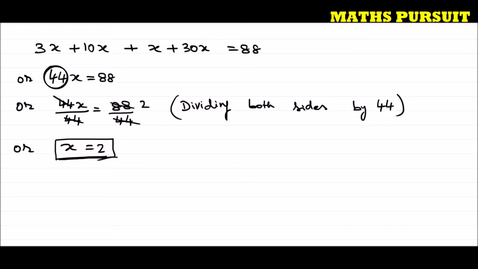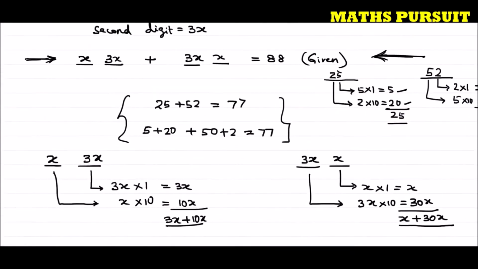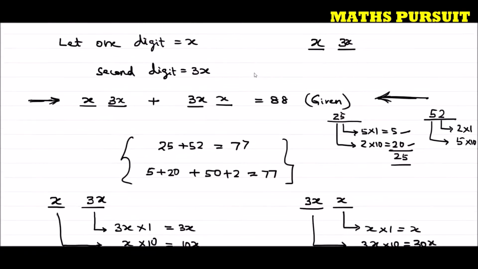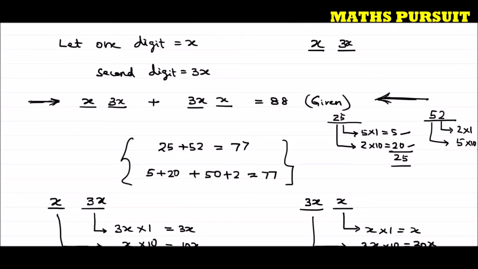Now guys, if you look here, we assumed one digit to be x, and we got the value for this x as 2. Similarly, the second digit will be 3 into 2, that is equal to 6.